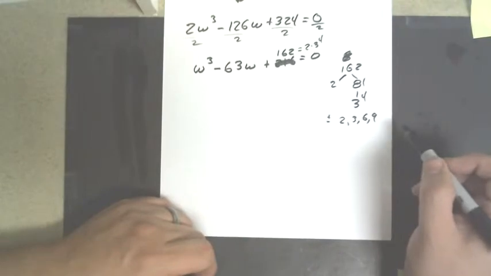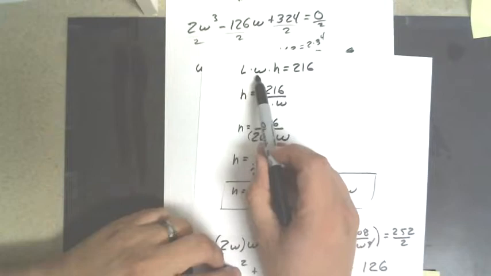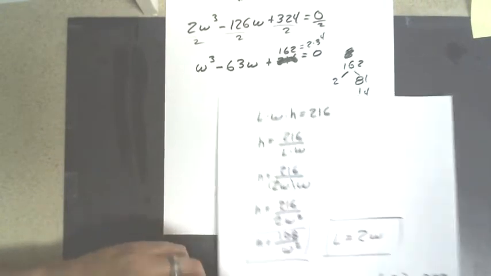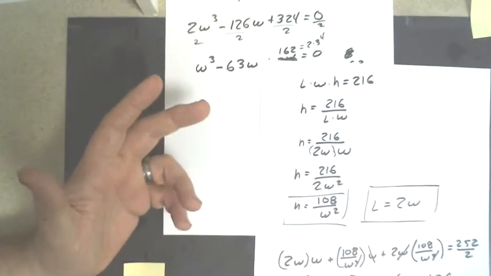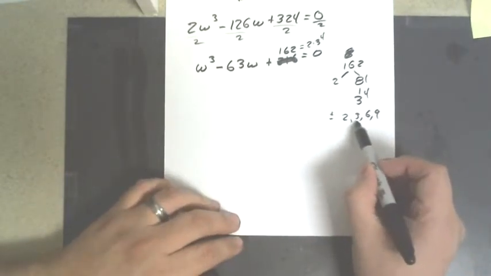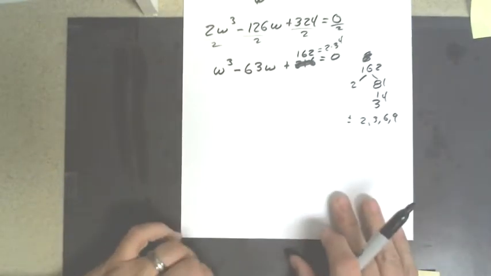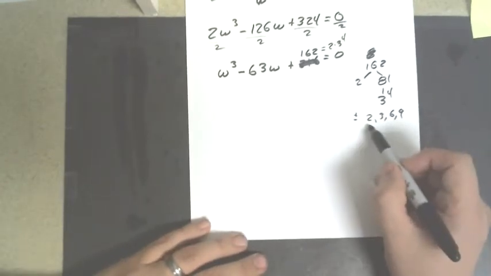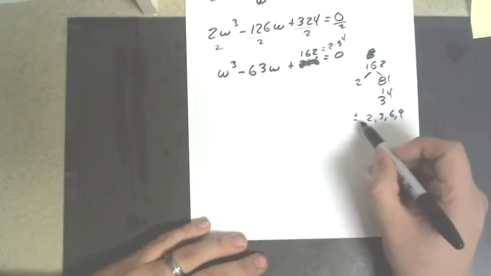But of course, because our length times width times height has to be 216, our numbers can't get too terribly big. So I'm going to stick with, check things like 2, 3, 6, and 9. And of course it could be a 1. Right? It can always be a 1.